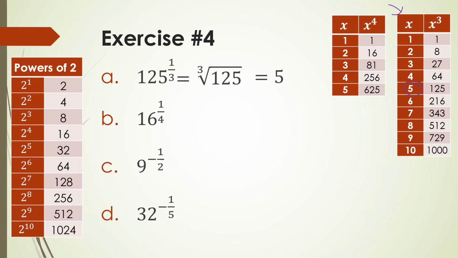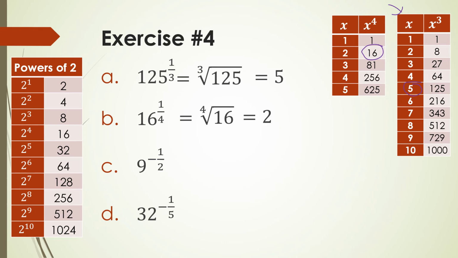Let's go to 16 to the 1/4. Oh, right here, here's 16. So we want to rewrite it as the 4th root of 16. So therefore, that is 2, because 2 to the 4th power gives me 16.